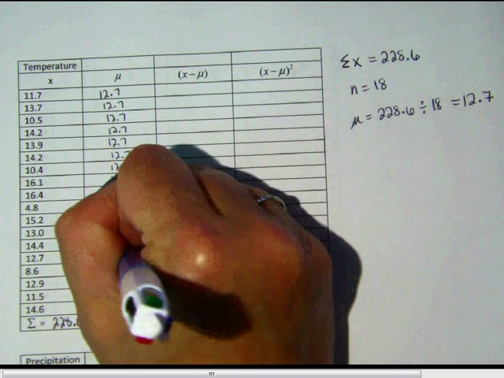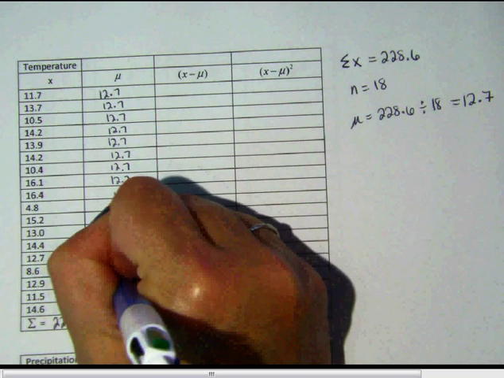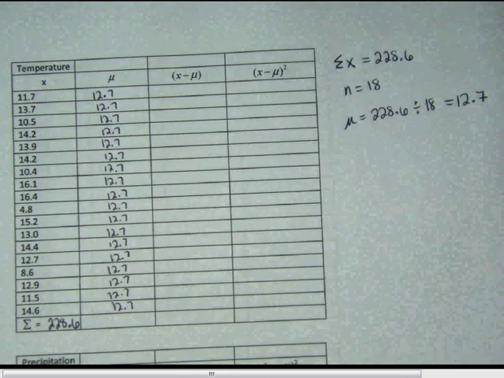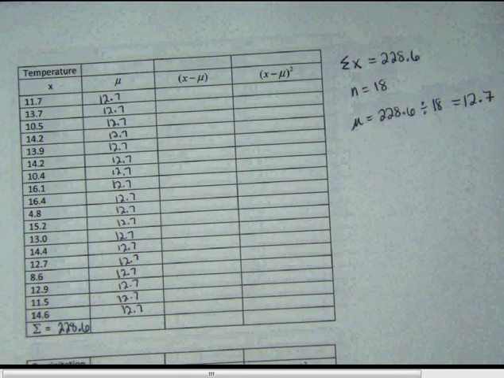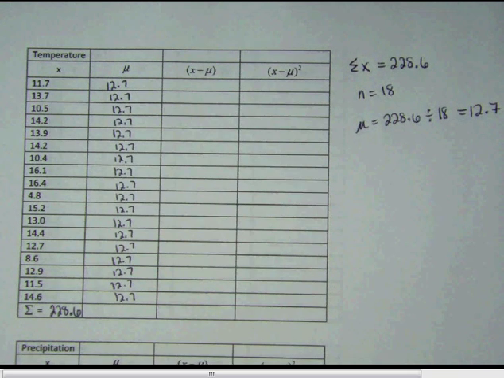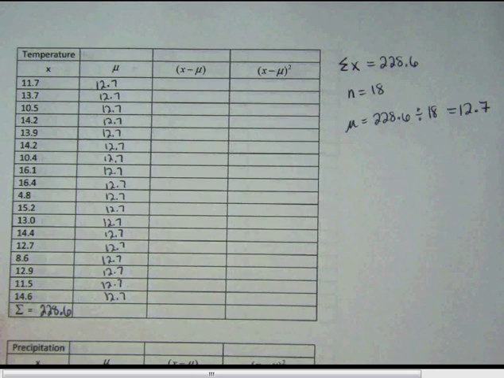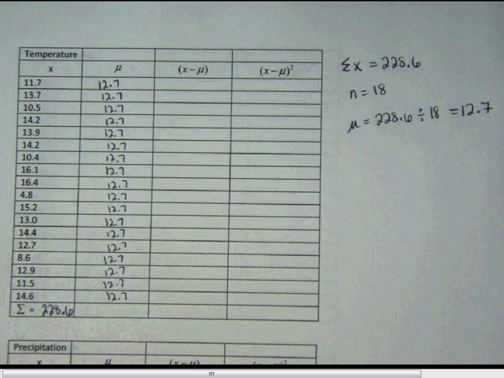But remember, guys, I've told you this before. I do all of the steps on the notes because it's notes, right? Somebody has to be able to come back and look at these and make sense of it. Okay, so the average was 12.7.